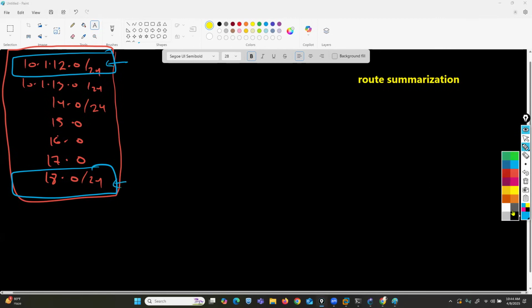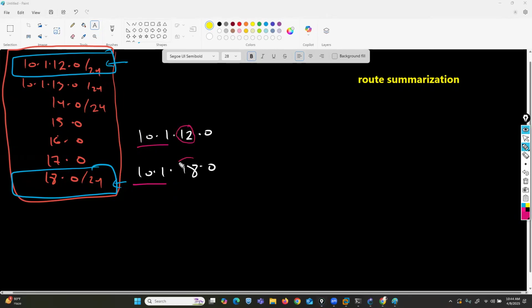First network is 10.1.12.0. Last network is 10.1.18.0. Now you can see these first two octets are fixed. They are not changed. We have changes in the third octet, right?